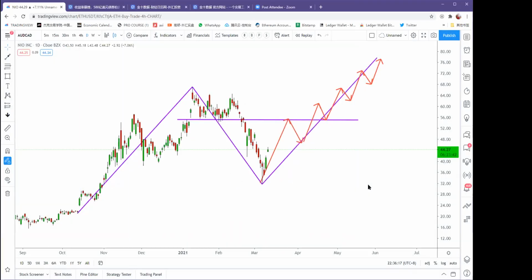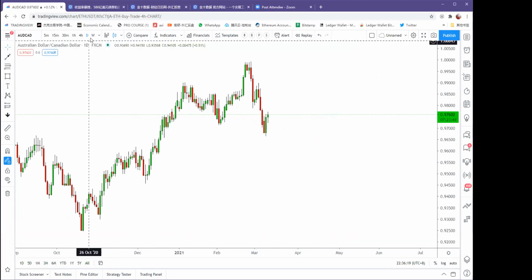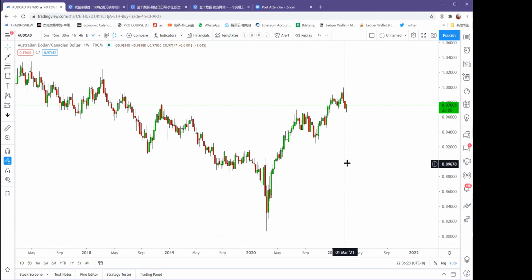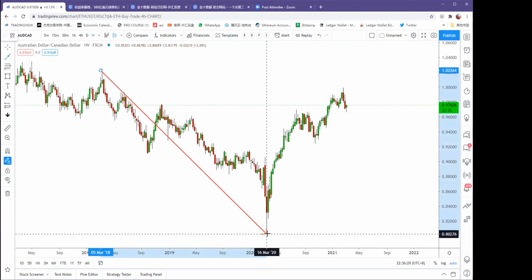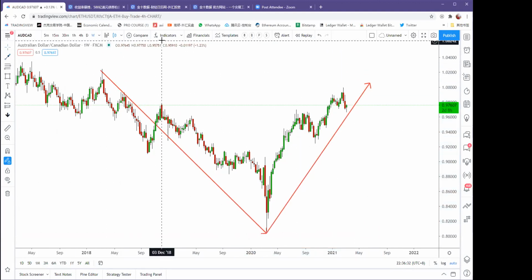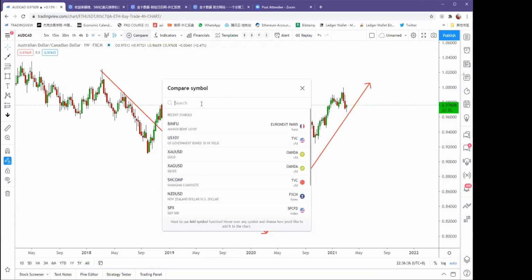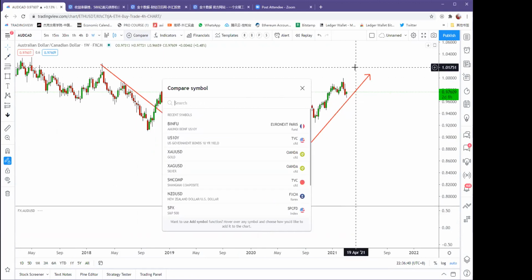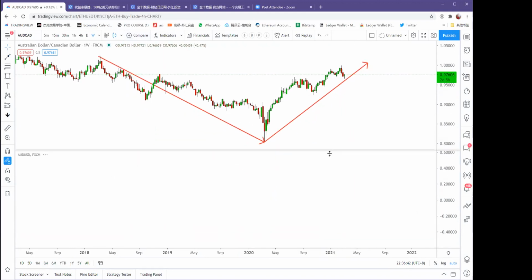Aussie Canada. Well, I won't suggest you trade this pair at all. If you just compare the chart, it looks very much like the Aussie US dollar. Compare these two products.